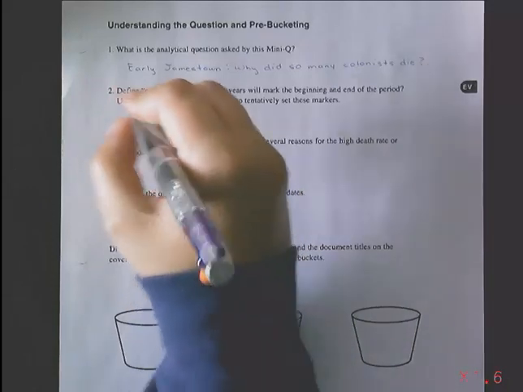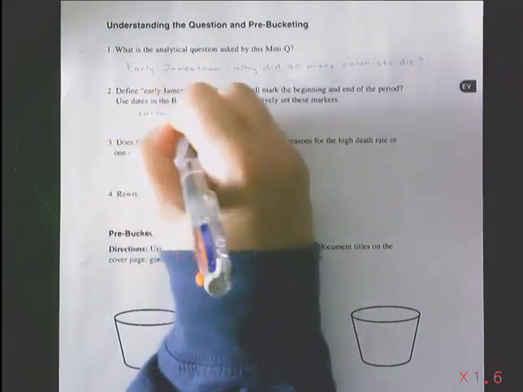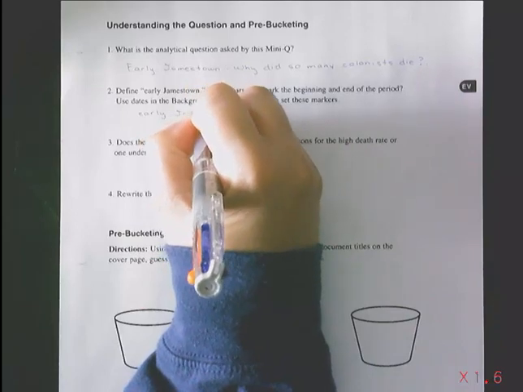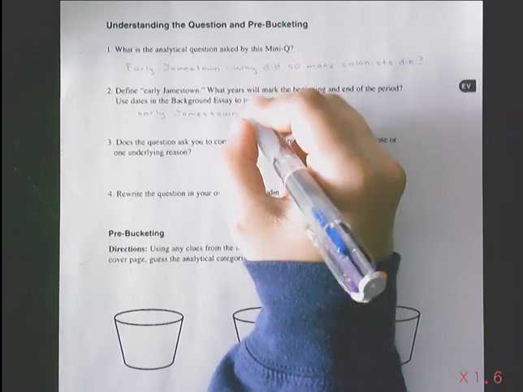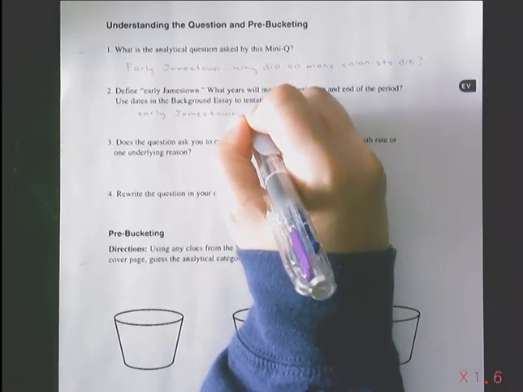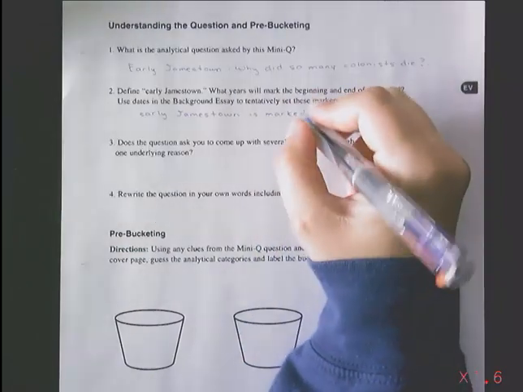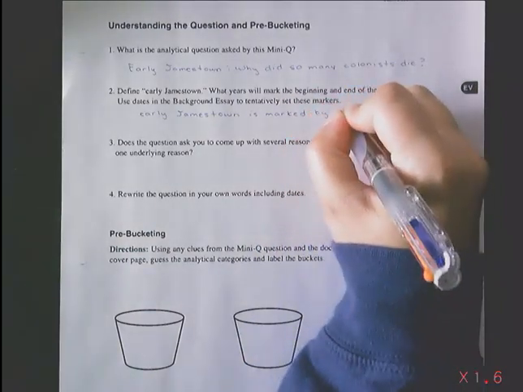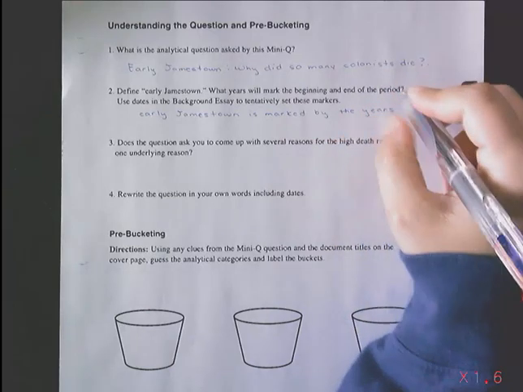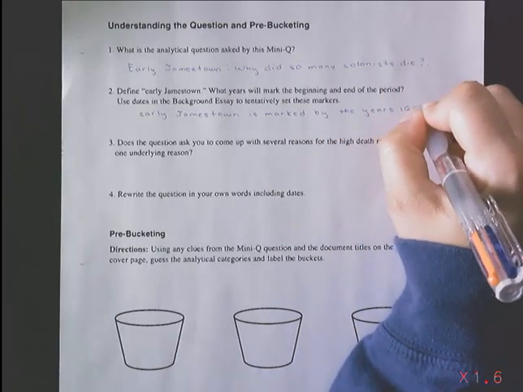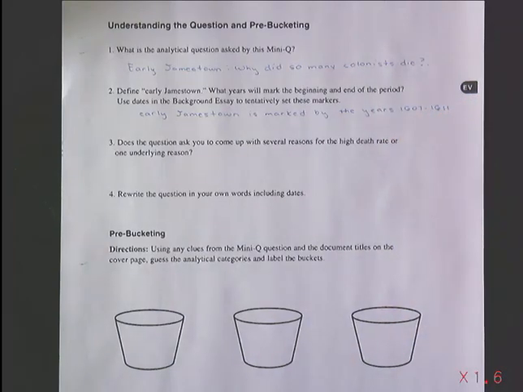Okay, so early Jamestown is marked by the years 1607 to 1611.